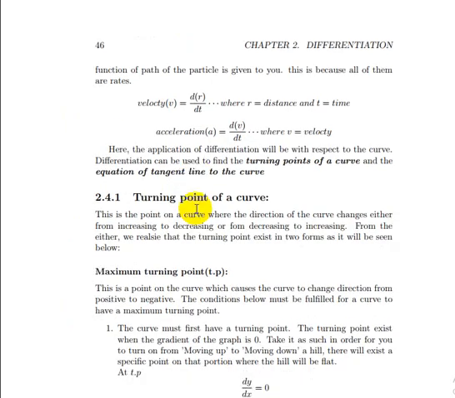So the first thing in the application of differentiation is to calculate the turning point of the curve. In our curve that we initially had above on the mountain, you realize that the mountain was ascending, and then at a certain point it was at the peak, and then it descended.